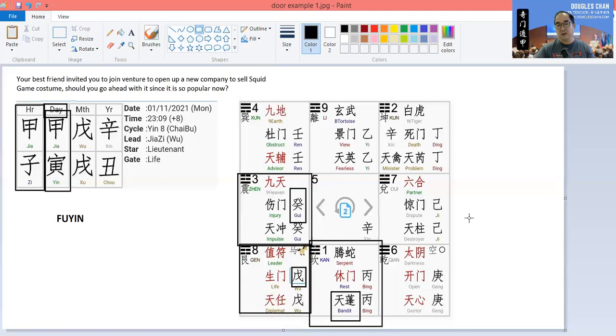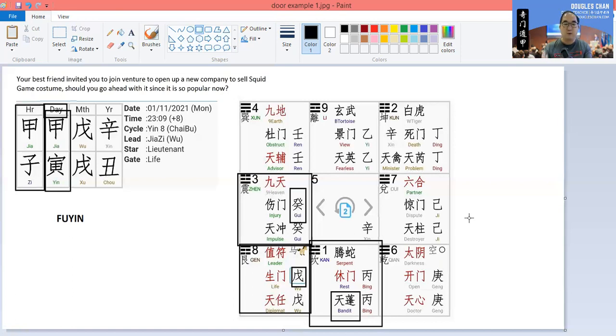So in this case, I would say I am very cautious about this particular venture. There's potential to make money, but there's also a potential to lose money. So which means that your profit will come in a very short term. That means when you start, you can actually have a big bang on it.